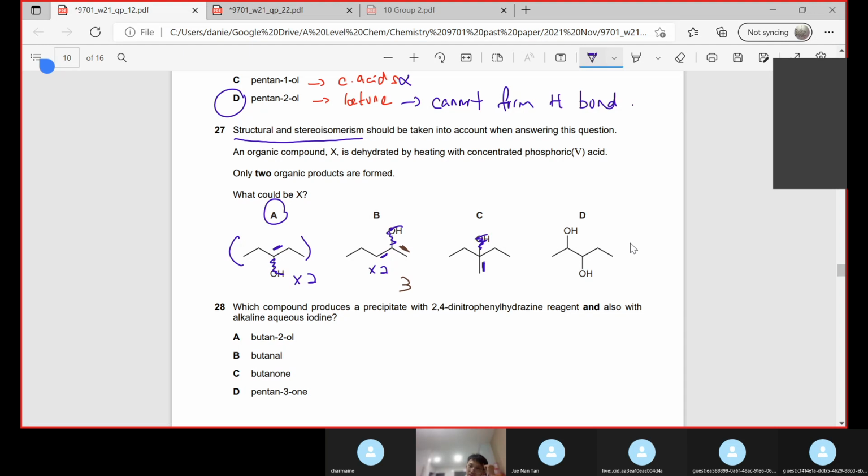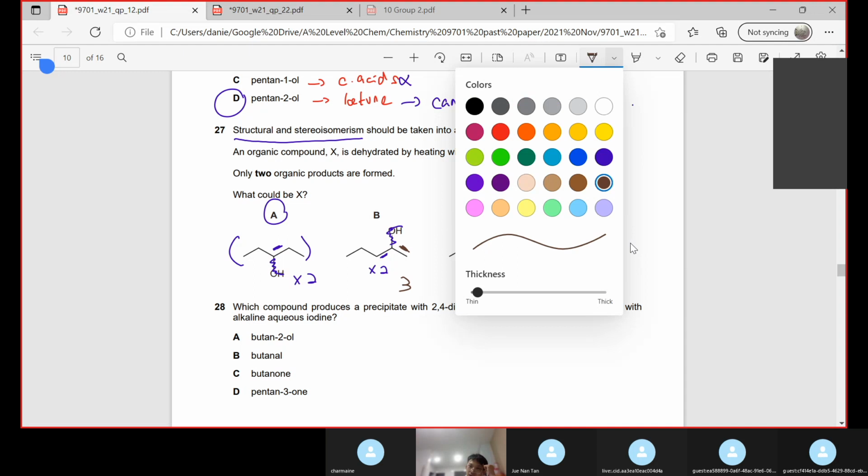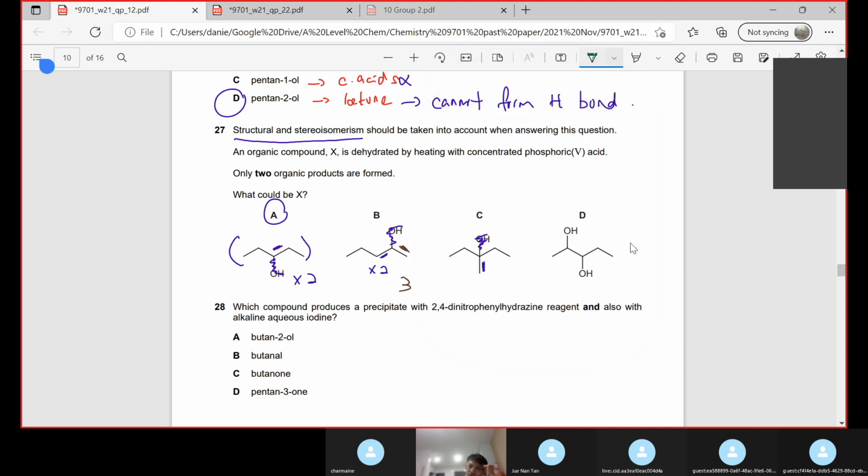Then plus another one here, the double bond can form cis trans. So 2 plus 1, also 3 products.